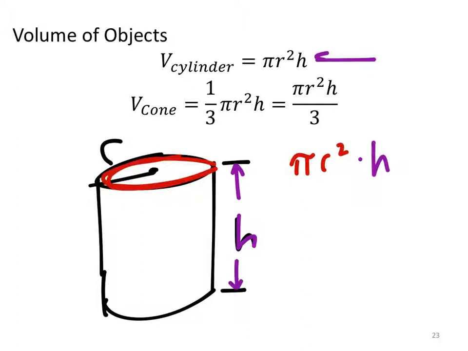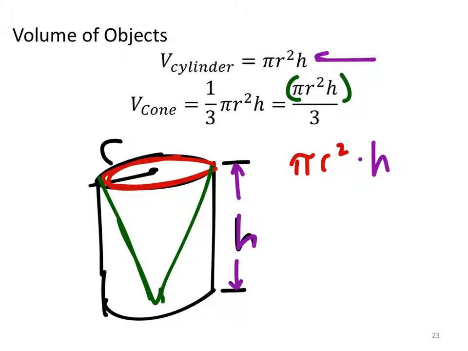The cone, though, some of you notice from this that the volume of the cylinder is the numerator for the volume of the cone. All that's happened is you've divided it by 3. So, if we were to draw a cone in this thing, as it turns out, you can try this at home, not that anyone will, but if you found a cone that had the same height of a cylinder with the same radius, you could fill the cone up 3 times and pour it into the cylinder, and then the cylinder would be full.